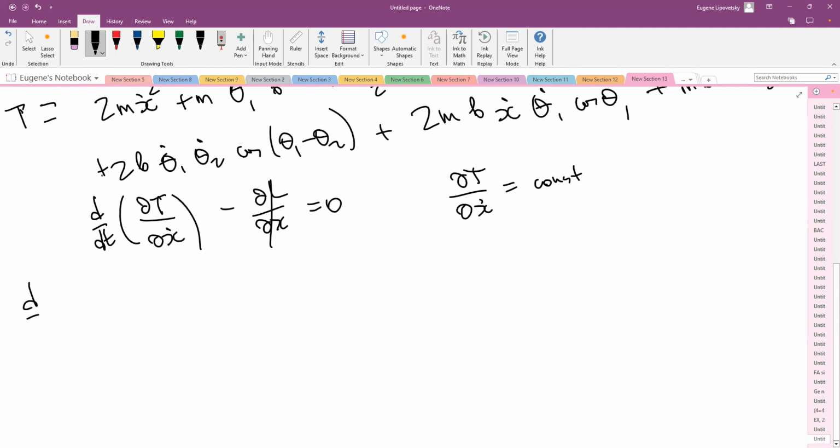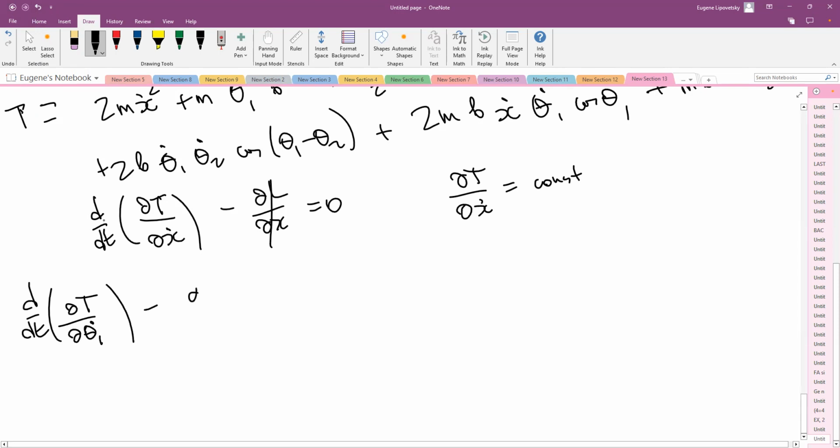Then you have d over dt of dT over d theta 1 dot, not dL, no, dT, minus dL over d theta 1 equals 0. I use the fact that the V is not a function of theta 1 dot, right?